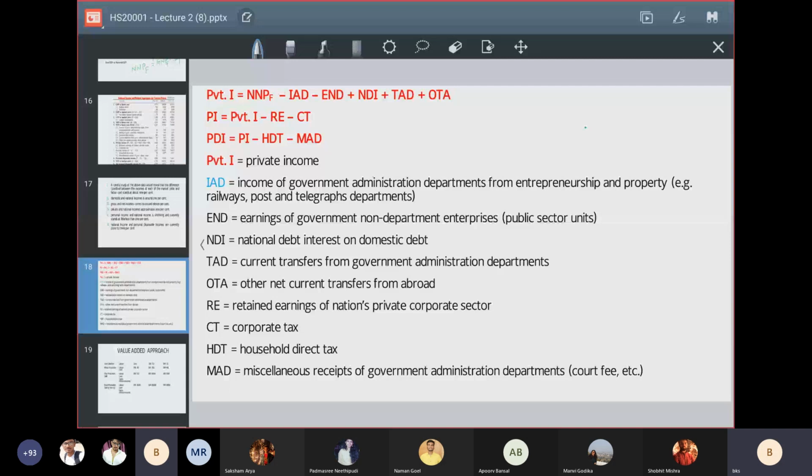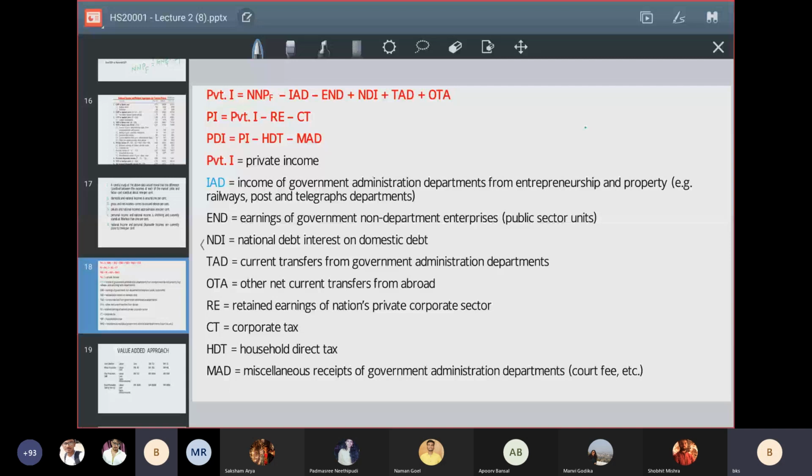Then personal income we can get from private income minus the retained earnings of the nation's private corporate sector. What is this retained earning? Say you have a private corporate sector earning 100 crores as profit.